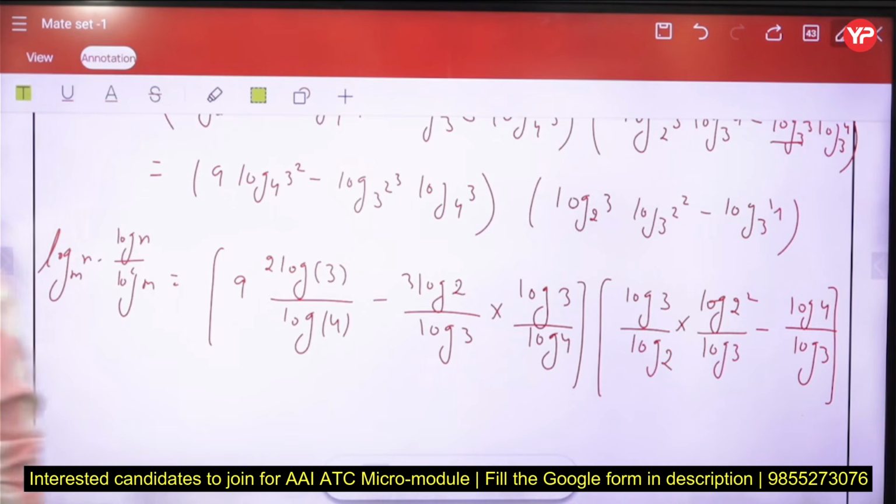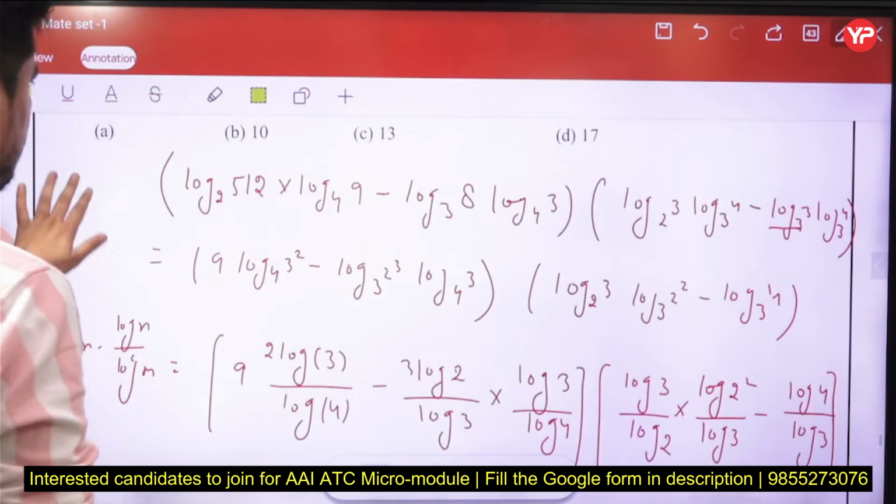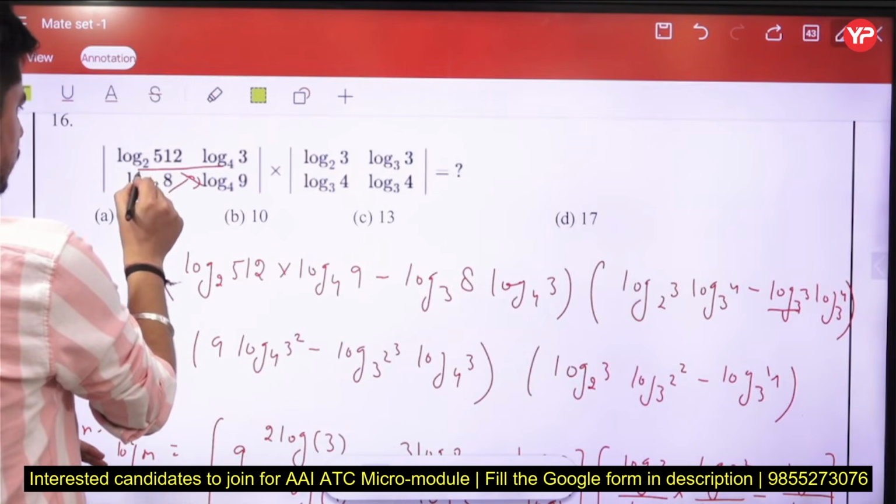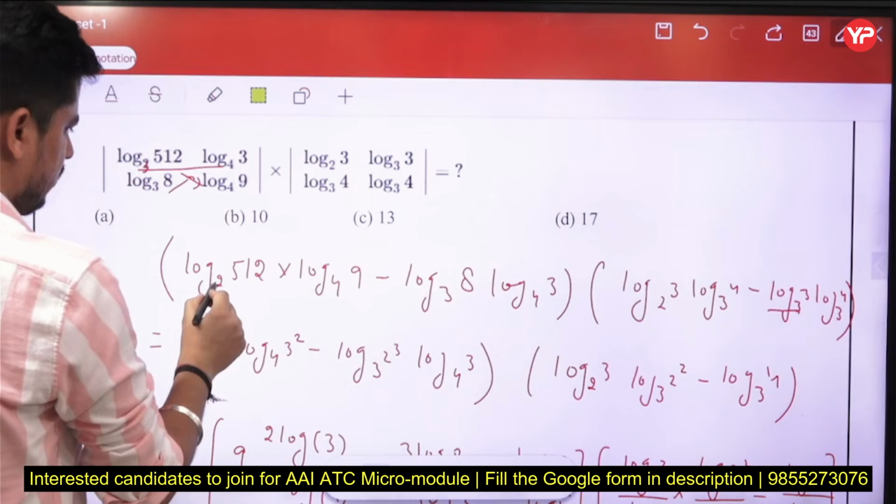Rest are correct. I think there is one mistake. It should be log of 3 here, not 2. There is a mistake.